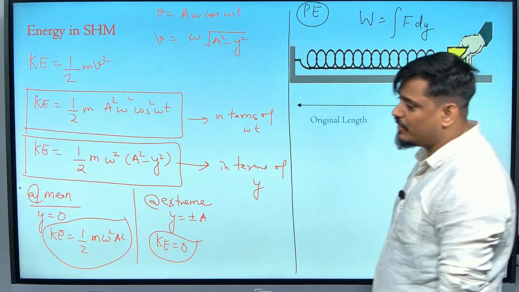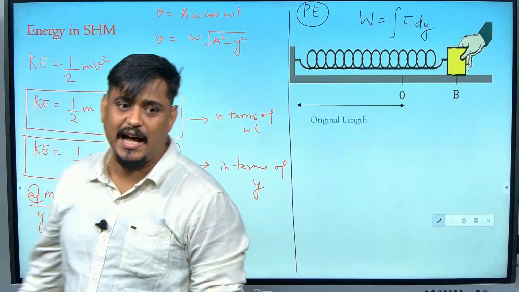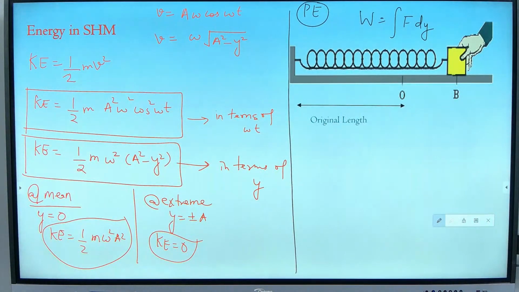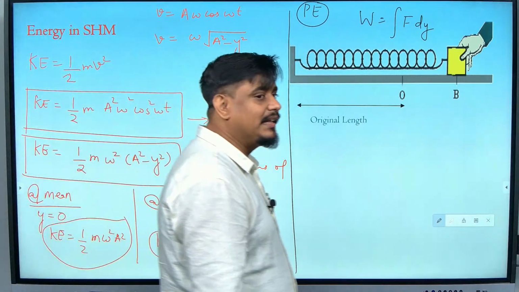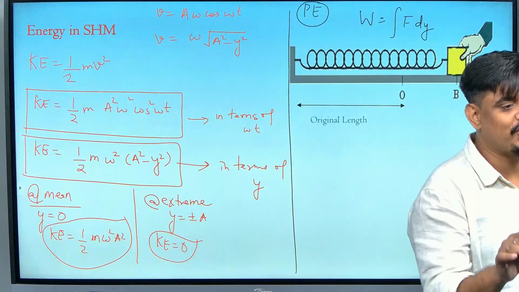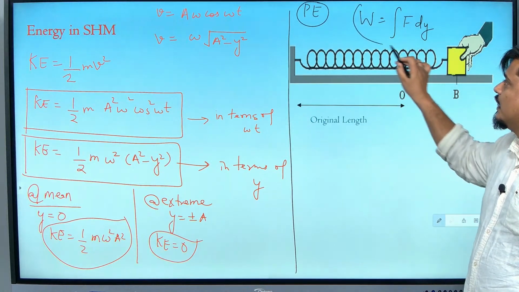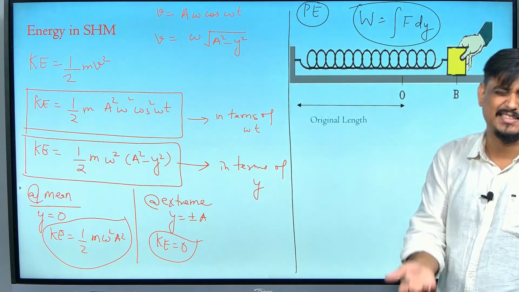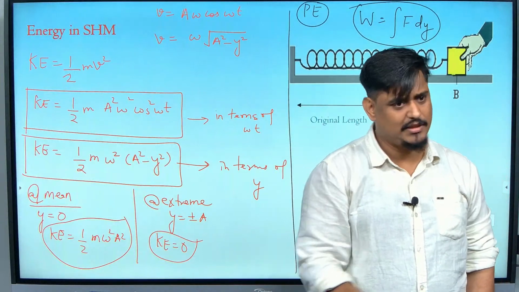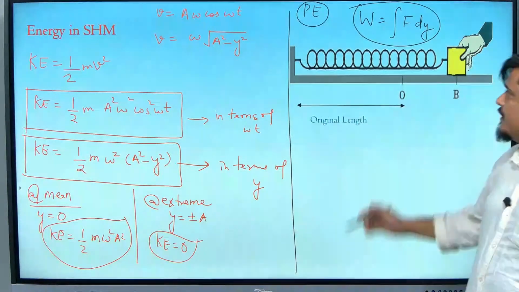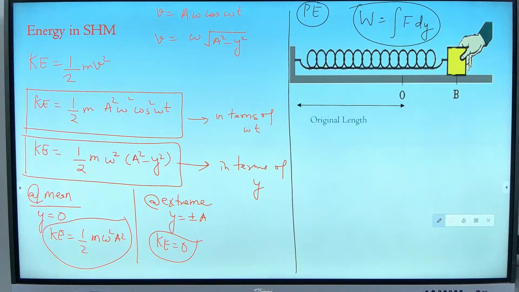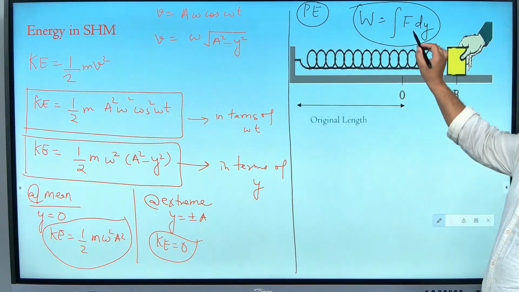So I have to find the value of force, and I have to use integral f dy and integrate, we will get the answer of work done. That work done will be stored as potential energy. Is it clear to you how we are going to find potential energy? We are going to use the help of work done. Work done is integration of f dx or f dy. Displacement is the matter. So in this case we are taking displacement in y direction, so we are taking integral of f dy. How to find the value of f?